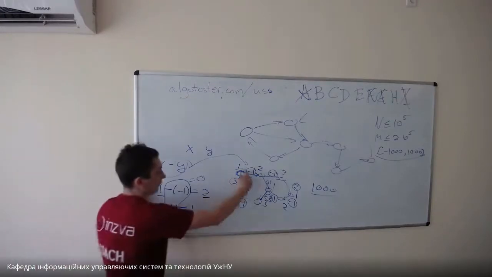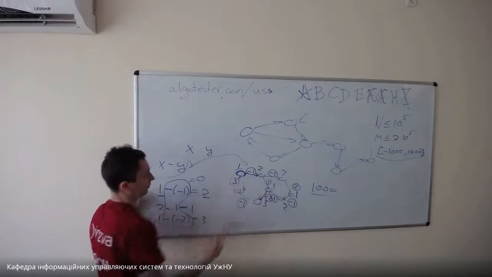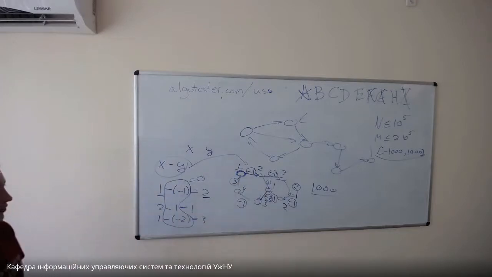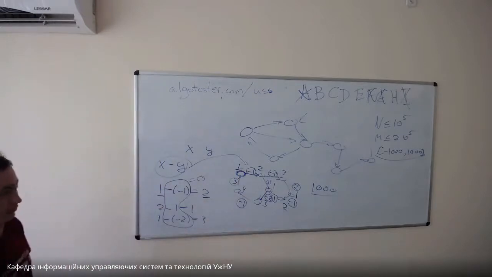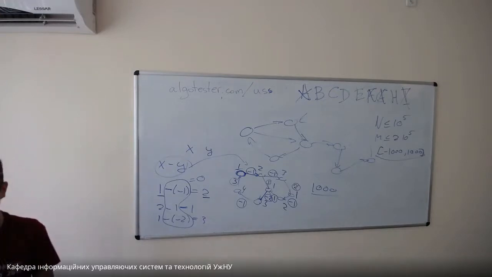And if you go the whole cycle, we end up in the vertex that we started with, the same color. So the sum on this cycle is equal to 0. That basically proves that this solution is correct. Any questions about this part of the solution?